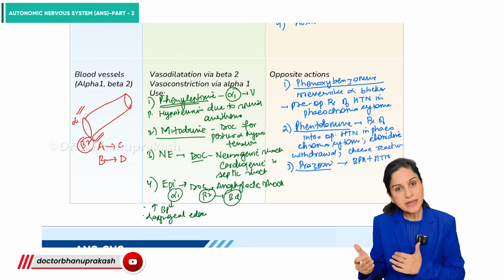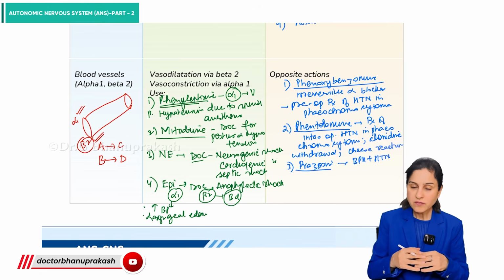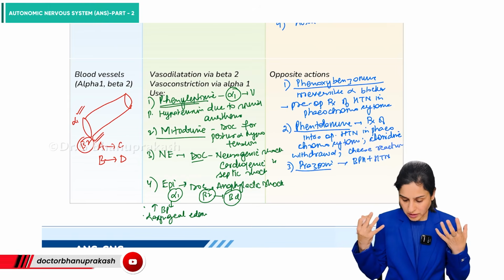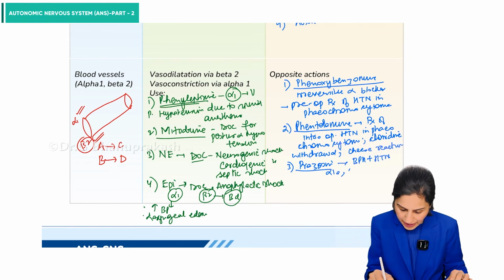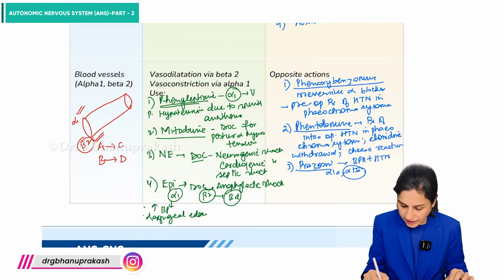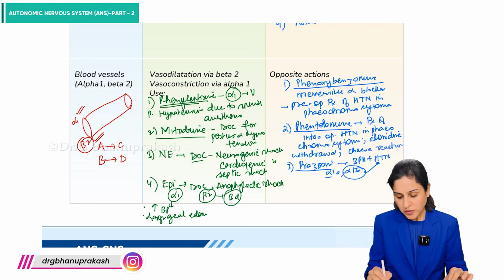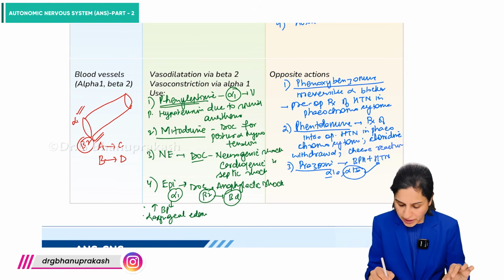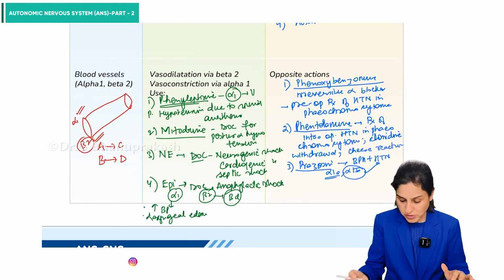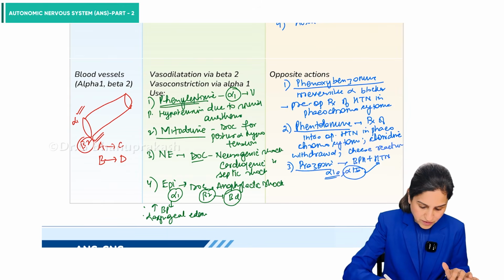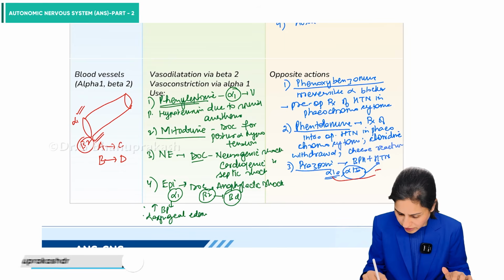But if there is hypertension also alongside, then we would prefer a drug like prazosin because it acts on both alpha 1A and alpha 1B. So alpha 1B is the one that takes care of hypertension. Only if you want to treat the BPH part, then alpha 1A would be sufficient. So for this, we have drugs like tamsulosin. Okay. So only alpha 1A for tamsulosin.